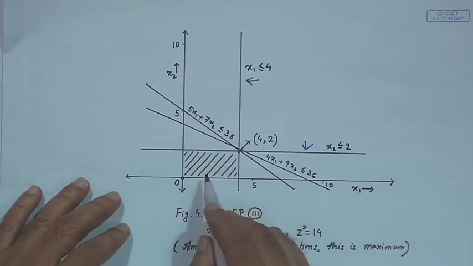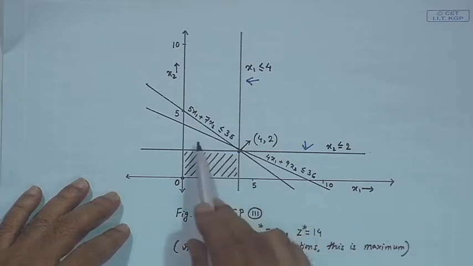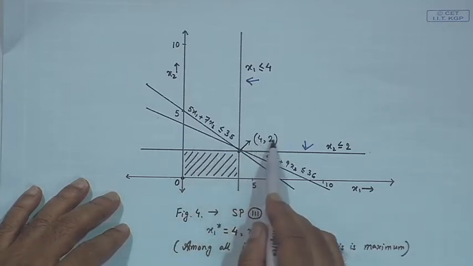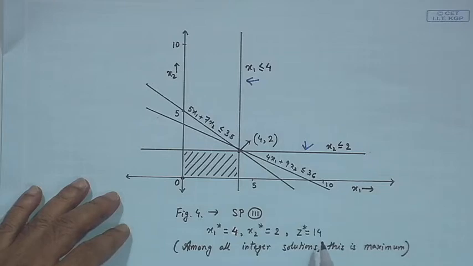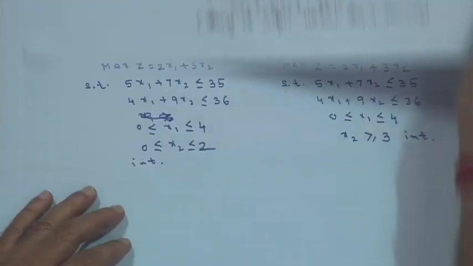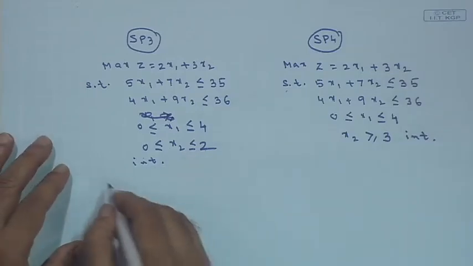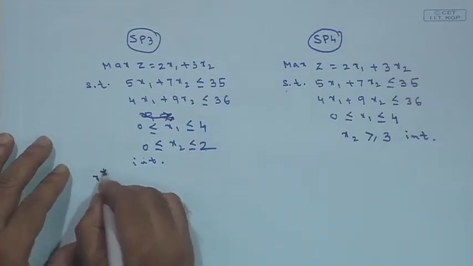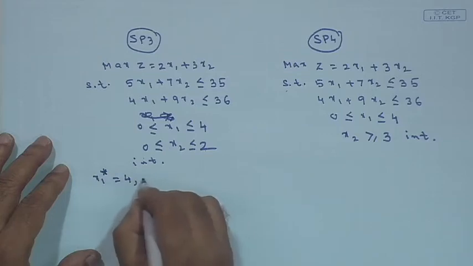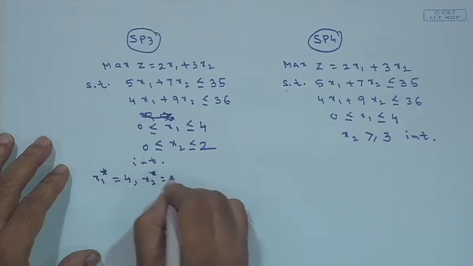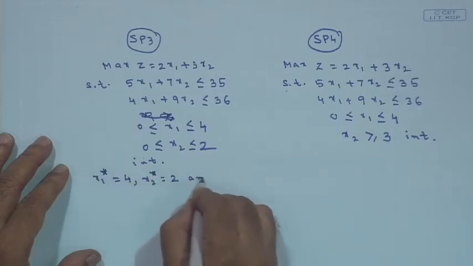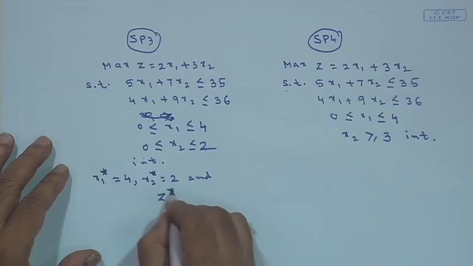This shaded region is the feasible region and if you calculate, you will find at the point (4, 2) we are getting the maximum value. So, your solution in this case will be x1 equals 4, x2 equals 2 and z star equals 14. So, for this problem your solution then becomes x1 star equals 4, x2 star equals 2 and your z star equals 14 from the problem.